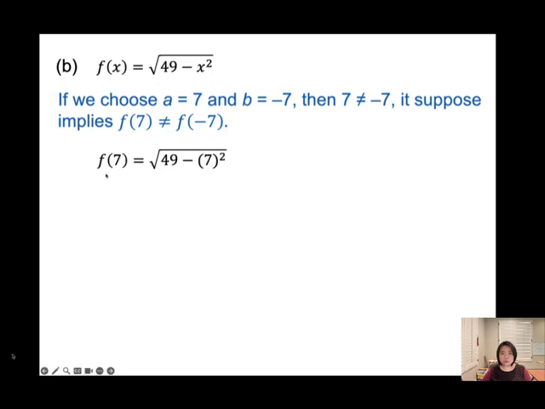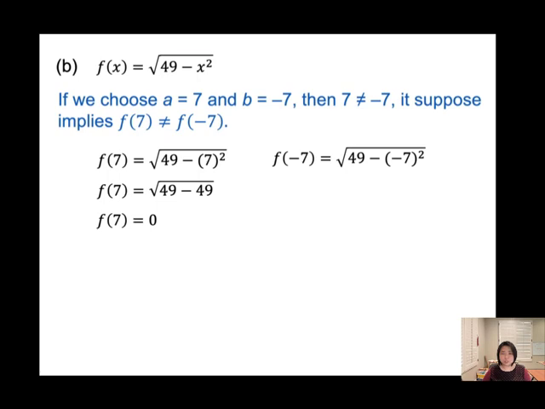First, we're going to plug in x equal to 7, plug in a here. And at the same time, we're going to plug in b equal to -7. Then we calculate. This one becomes square root of 49 minus 49, which is equal to 0. And for this one, -7 times -7, so we have square root of 49 minus 49, and it's also equal to 0.